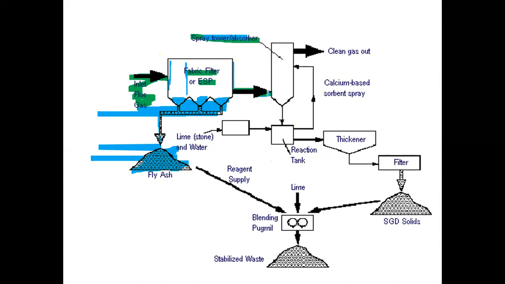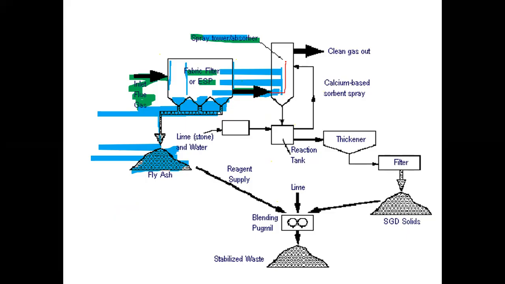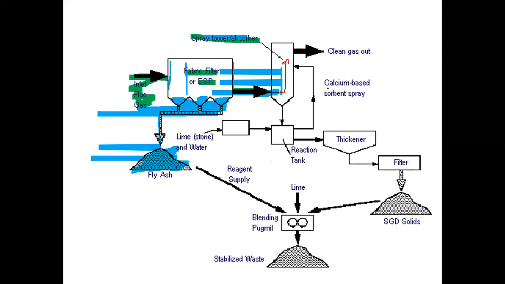Then when you look at the spray tower or absorber, what happens? Usually at the bottom of the absorber column or the wet scrubber, we feed the particle-free flue gas stream. So the flue gas will go up. Then the scrubber liquid, the calcium-based sorbent spray, will enter at the top of the vessel and go down.